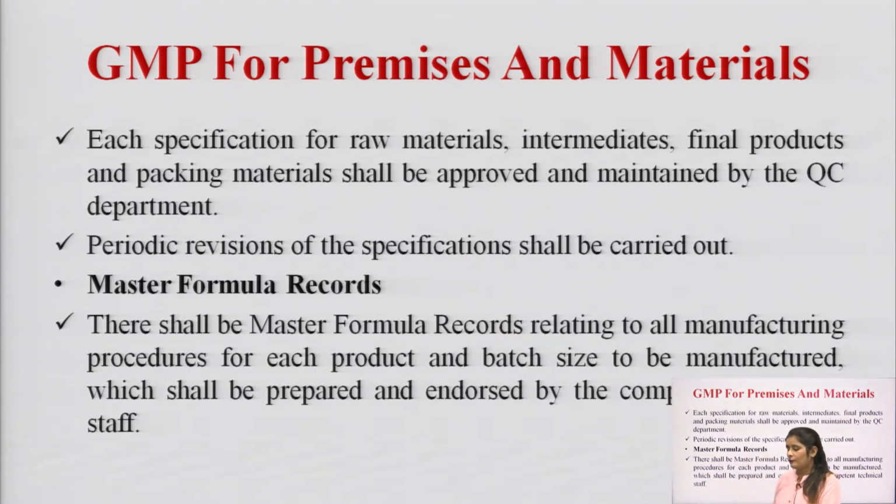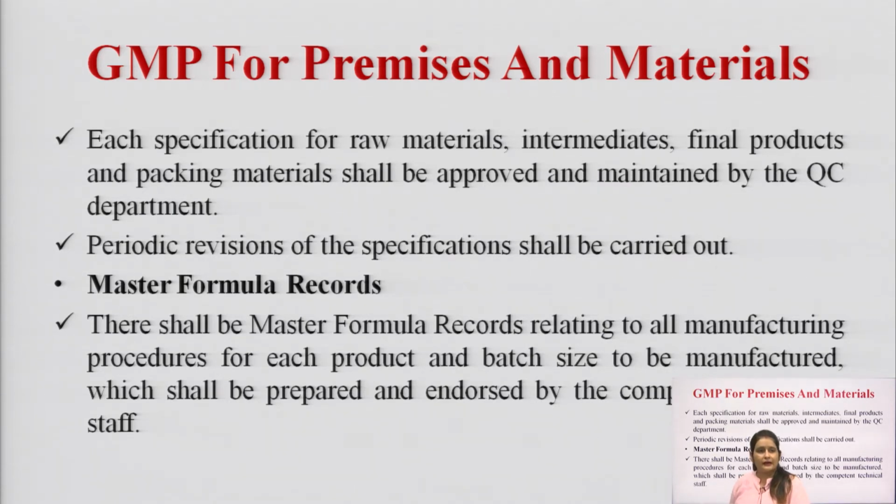So, apart from quality control, the master formula record is also a general requirement for running the premises and for good manufacturing practices for the material. Master formula record consists of the formula for the manufacturing of the product.